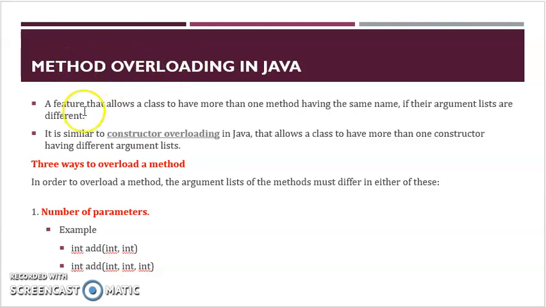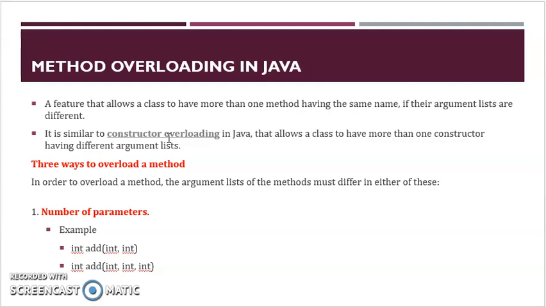So method overloading in Java can be defined as a feature that allows a class to have more than one method having the same name if their input argument lists are different. That is similar to constructor overloading also. You know what a constructor is? It is a function having the same name as that of the class name.